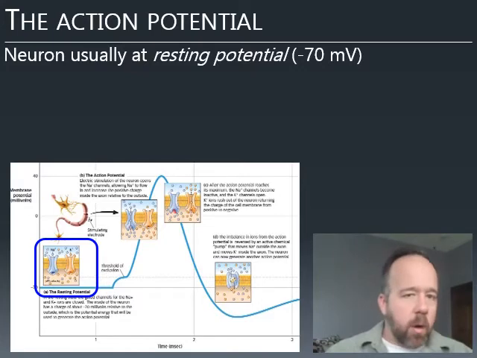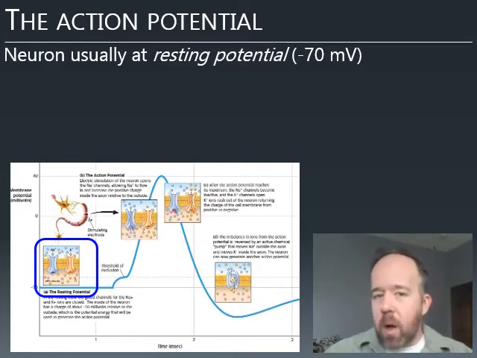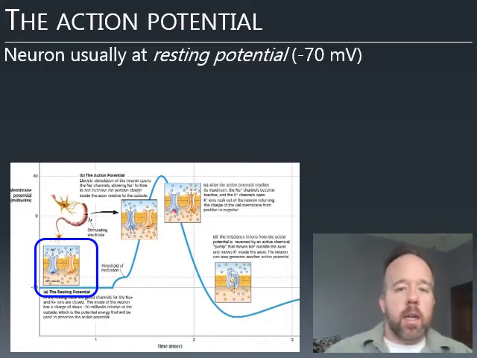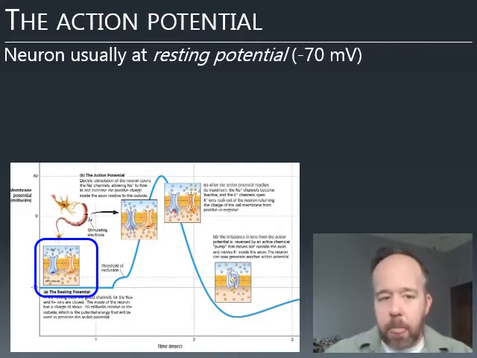But for the most part, the channels are closed. You have lots of sodium outside, lots of potassium inside. There is a little molecule called the sodium-potassium pump that keeps things that way. It keeps sodium out and keeps potassium in. So that's the normal state of affairs. Minus 70 millivolts, lots of sodium outside, lots of potassium inside.